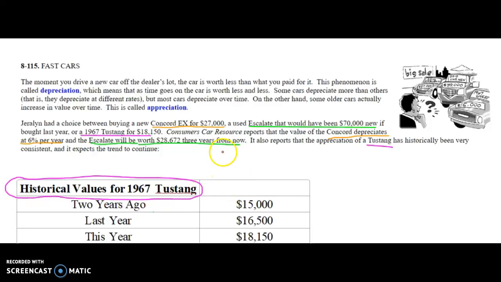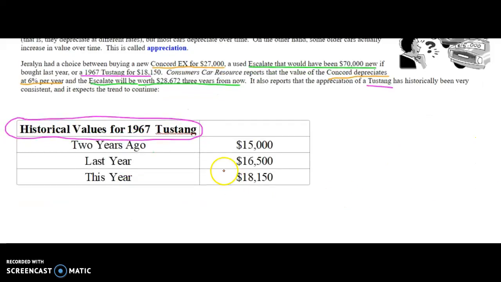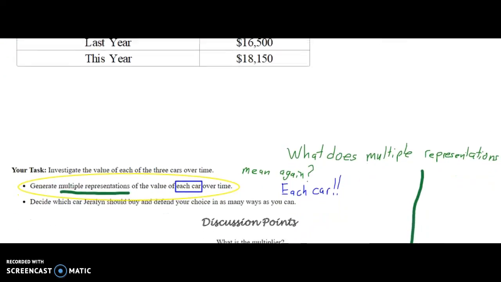So I'll have you ask yourself, is that an appreciation or a depreciation? And for our third car, the Mustang, we're given a small table for this year and the last couple of years on the cost of the car. You can read over these questions more in depth. I'm just touching on the main things.